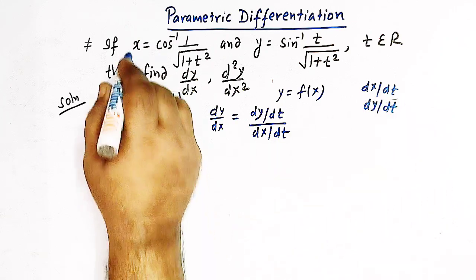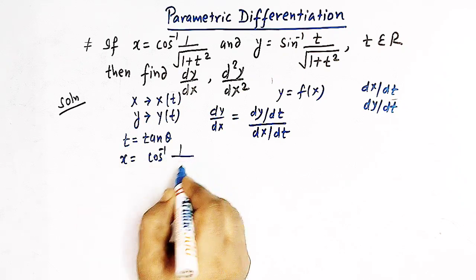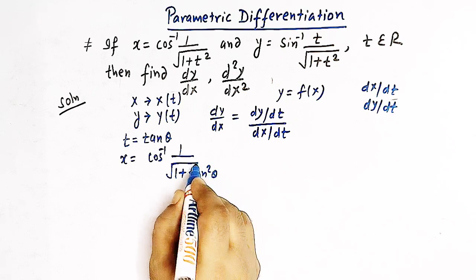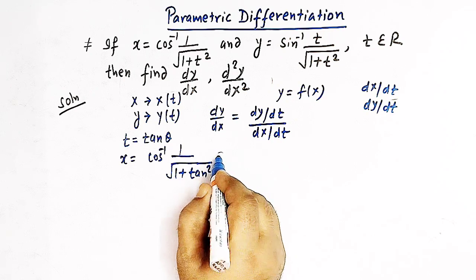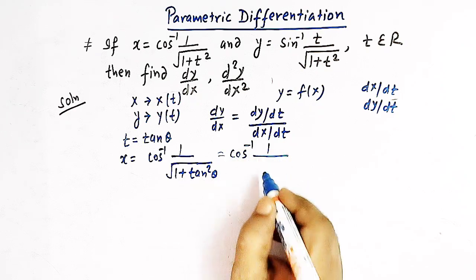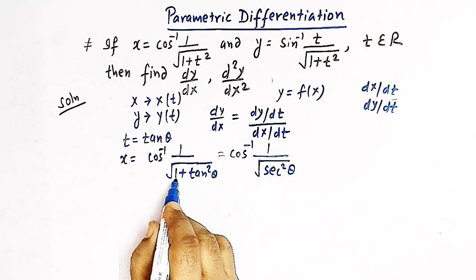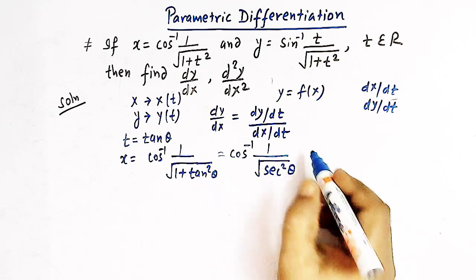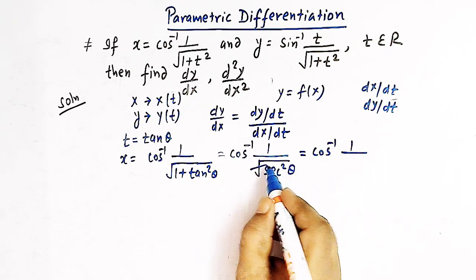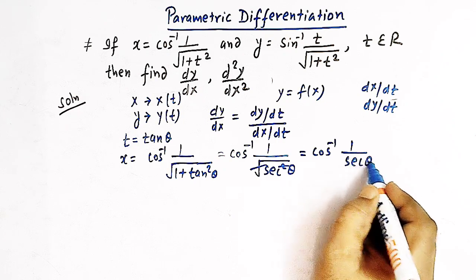When t is tan theta, x is equal to cos inverse 1 over square root of 1 plus tan square theta. From trigonometry, we know that 1 plus tan square theta is equal to secant square theta. So this is cos inverse, and the square root cancels with the square, leaving secant theta.